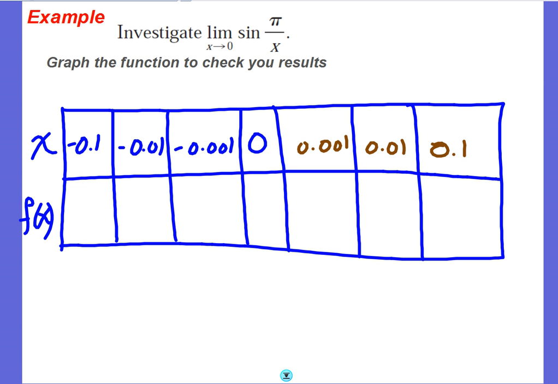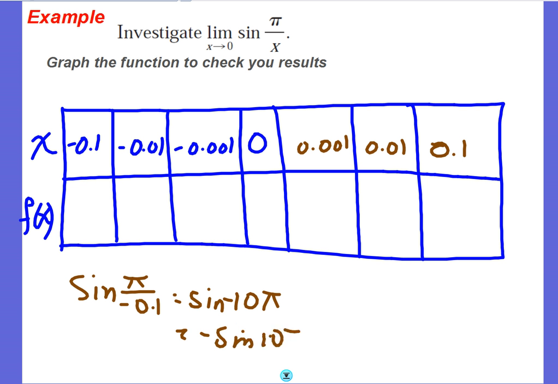When x is -0.1, sine pi over x becomes sine of pi over -0.1, which is sine of -10 pi, which is negative sine of 10 pi.